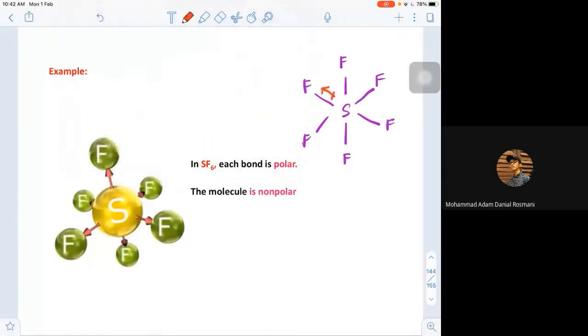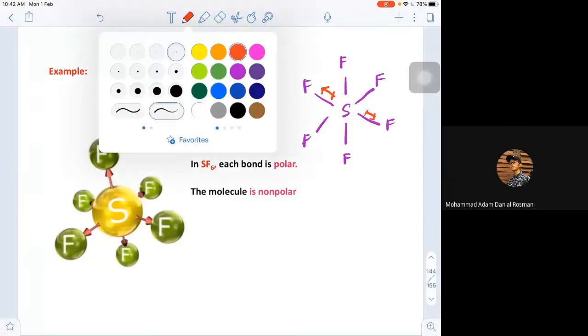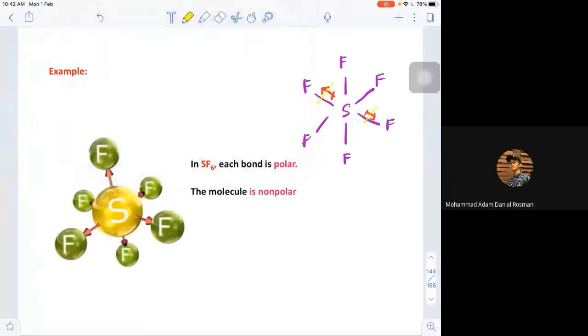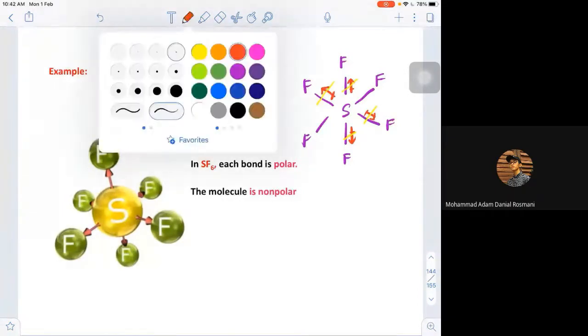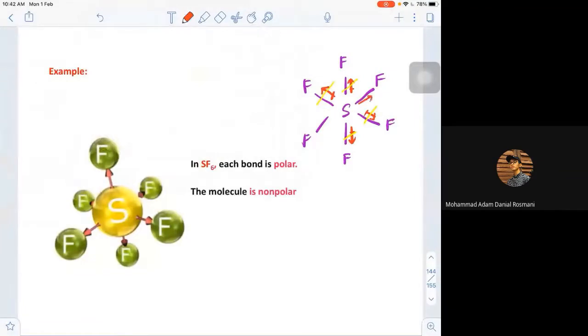So the dipole moment of that fluorine cancels out with the dipole moment here. They cancel out, this with this. And then the dipole moment upward cancels out with the dipole moment downward. And then the dipole moment to this fluorine cancels out with the dipole moment to this fluorine, because they are opposite to each other.